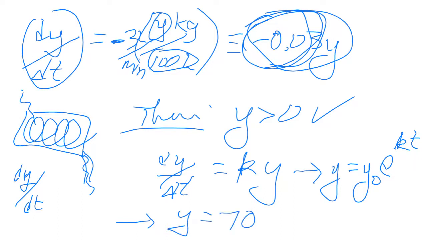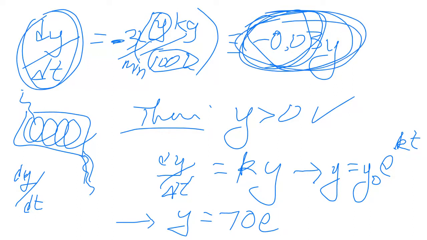The amount of kilograms, y, remember, is the amount of kilograms of salt in the tank after t minutes, is 70, which is the original one, y0, times e to the kt power, because dy/dt equals ky. So this would be to the minus 0.03 t power.